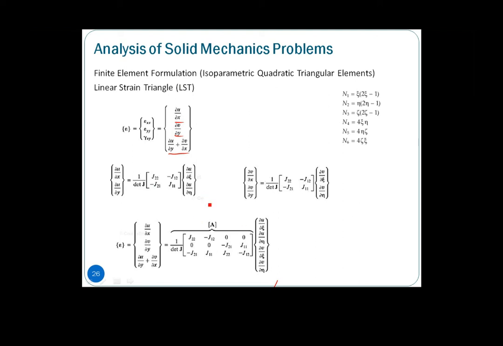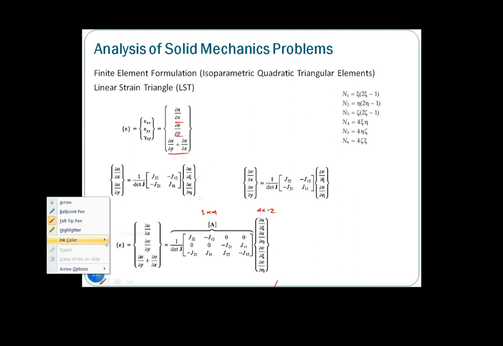Then similarly we have this 3 times 4, which is referring to the two shape function derivatives, psi and eta. And then we have 4 times 12. Okay, 6 nodes, in terms of x and y, so we have a total of 12.